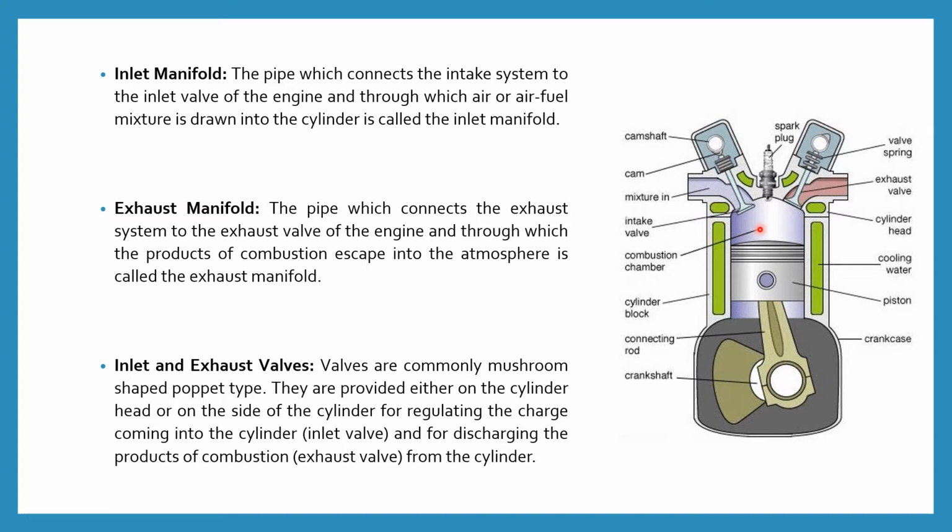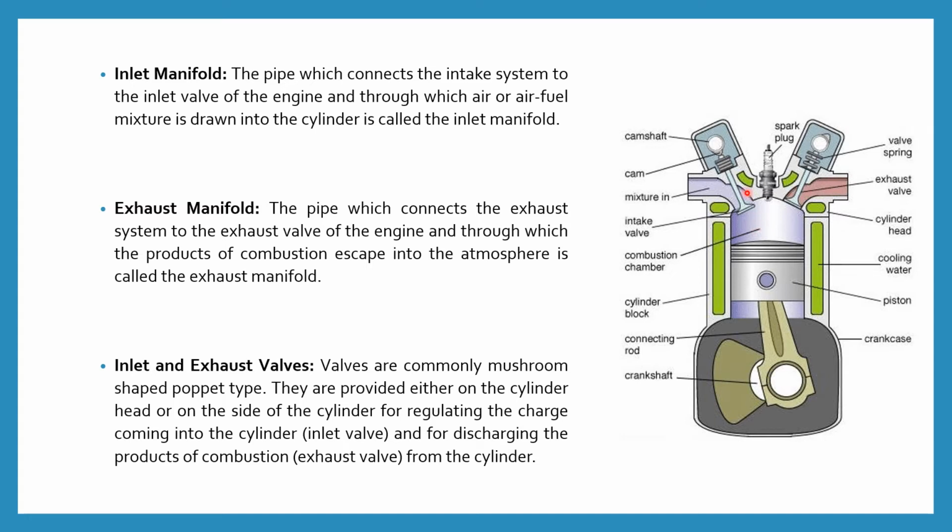The valve regulating the charge coming into the cylinder is known as the inlet valve, and the valve used for discharging the products of combustion from the cylinder is known as the exhaust valve.